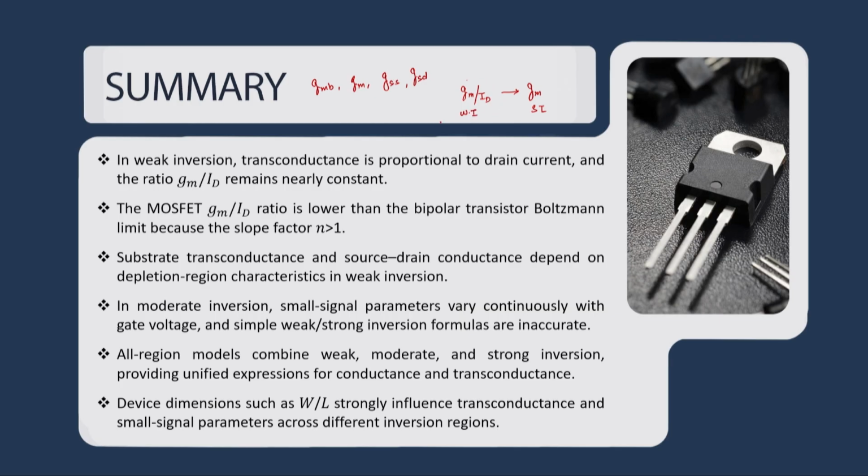We need to model precisely such that we can define the moderate inversion region of operation. We also said that if we calculate GM by ID, then 1 over n times phi t will be obtained, which is similar to the BJT. However, because of this n, the GM of the MOSFET will always be less than the BJT.